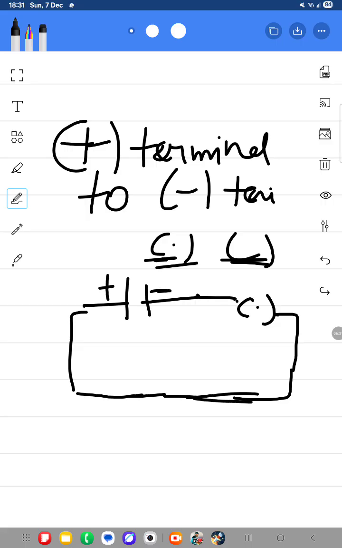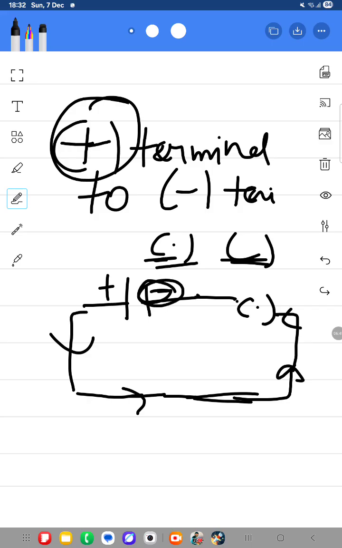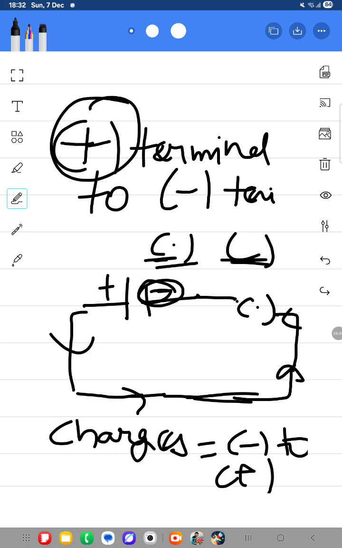Electric current will flow from positive terminal to negative terminal, not from negative. But the flow of charges is from negative to positive. You have to learn this and remember that electric current flows from positive to negative, but the flow of charges is from negative to positive.